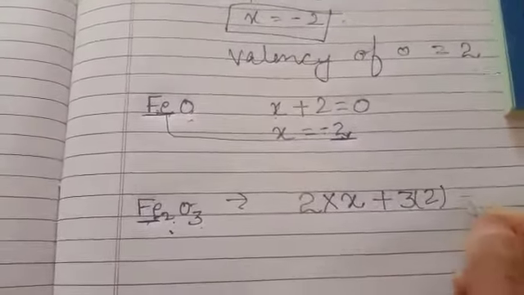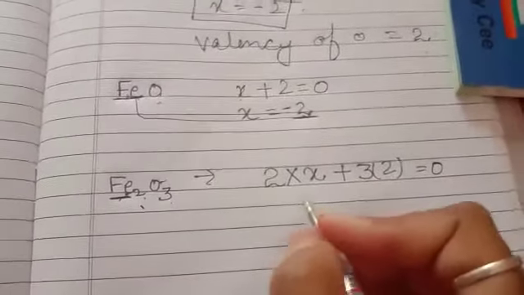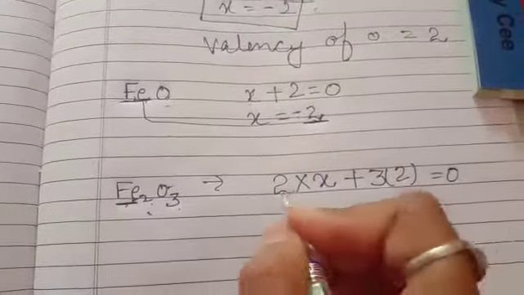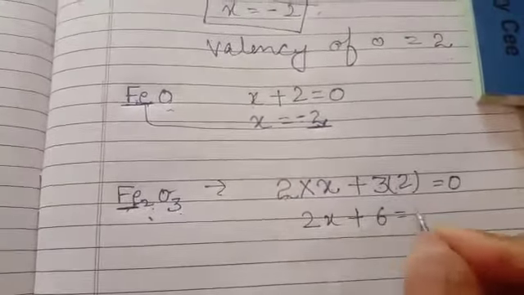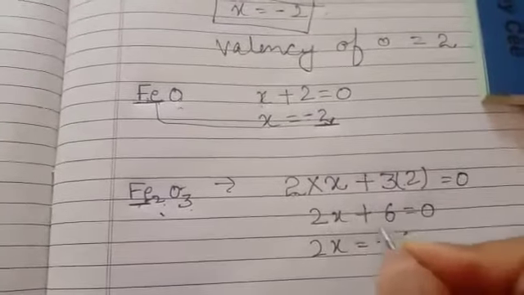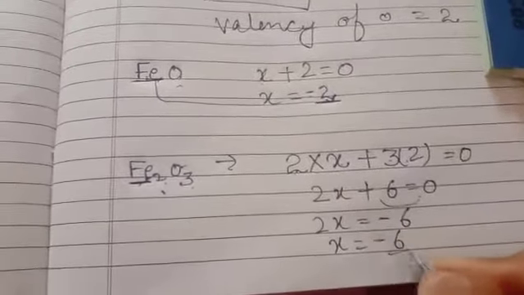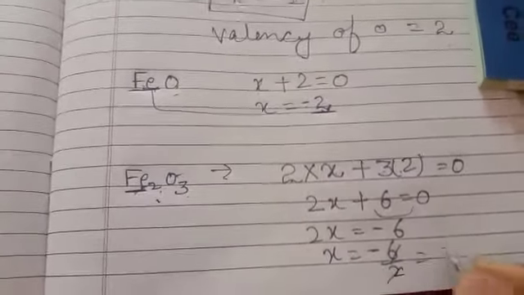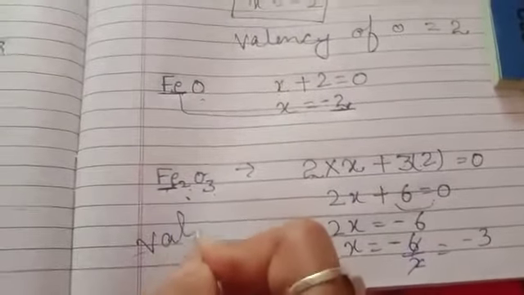When you practice it, beta, you will automatically learn the valencies of the common elements. 2X, 3 twos are 6, 2X is equal to minus 6, take it to the other side, and X is equal to minus 6 over 2, it becomes minus 3.